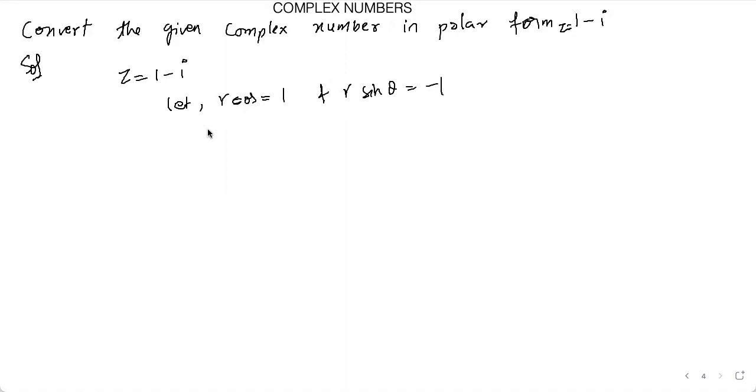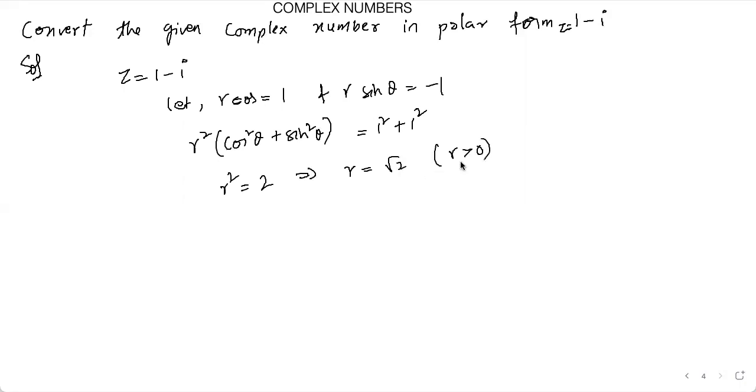Squaring and adding both sides, r square times cos square theta plus sin square theta is equal to 1 square plus 1 square. We get this as 2, or r is equal to root 2. We take r greater than 0.